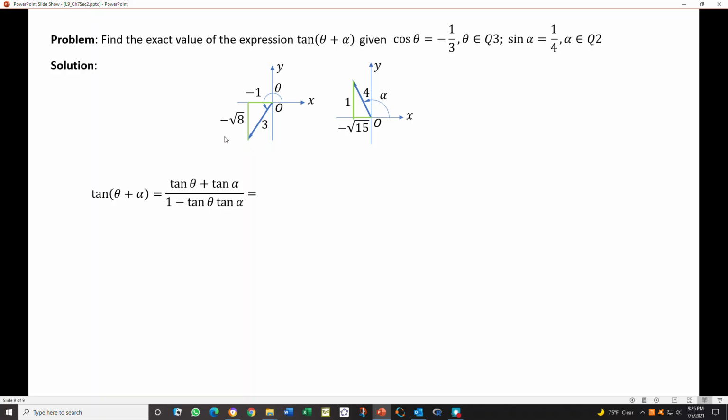Tangent in terms of x, y, and r is just y over x. That is negative square root of 8 over negative 1, or just simply square root of 8. Tangent alpha, y over x, is 1 over negative square root of 15. So those are the values I just simply plugged in. So it's a matter of now doing some simple algebra.